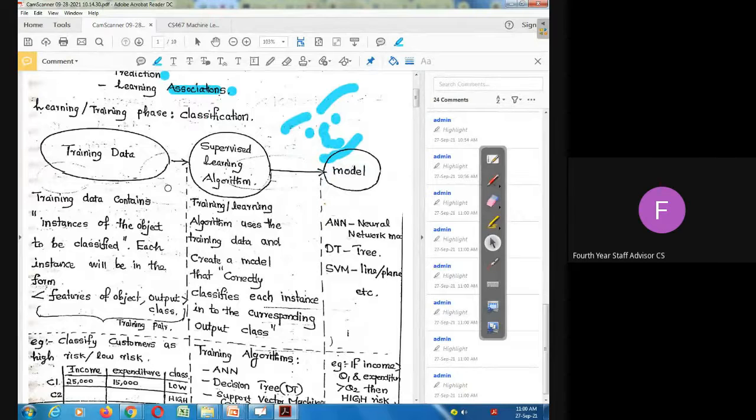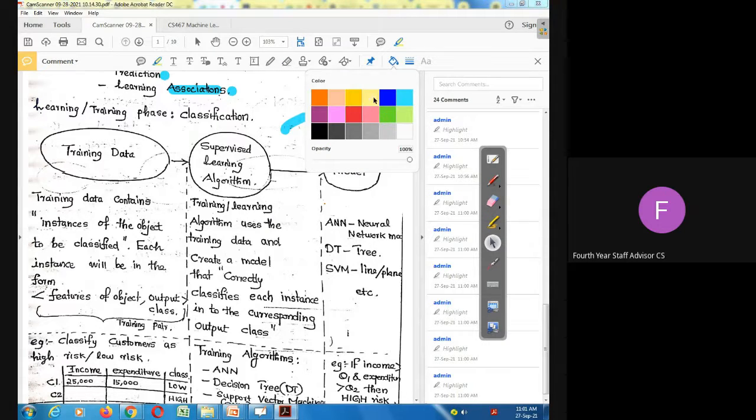In our hand, there will be training data. Suppose I want to solve a problem, then to solve that problem, the problem related training data will be in our hand. You can note this, it is a very important concept.